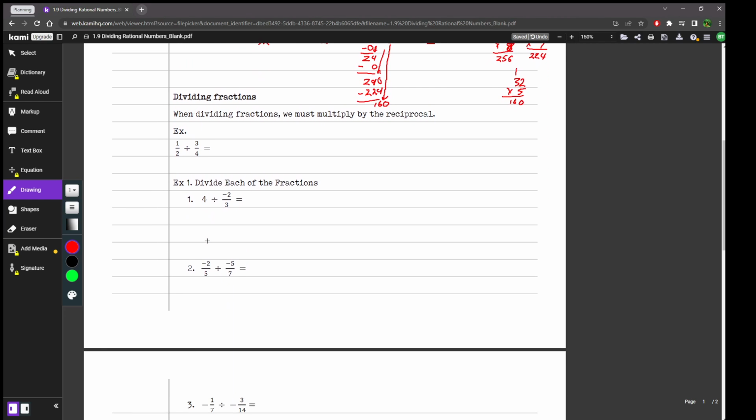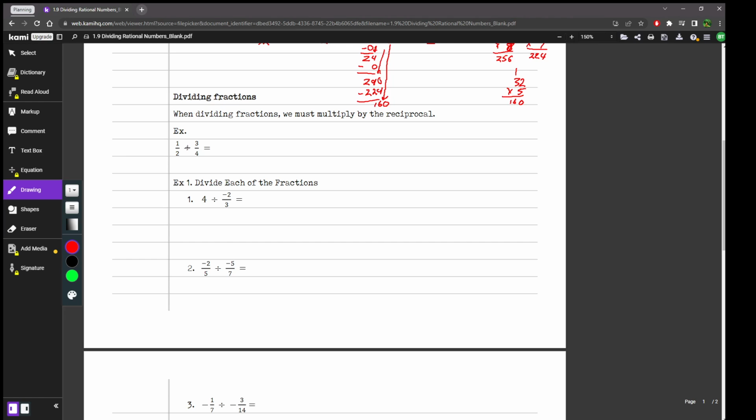All right. Now we get into dividing fractions, and this is where the reciprocal comes in. When dividing fractions, we must multiply by the reciprocal. So we're taking this division problem, and we're creating a multiplication problem by using the reciprocal of a number. Okay, so we have 1/2, and we're dividing it by 3/4.